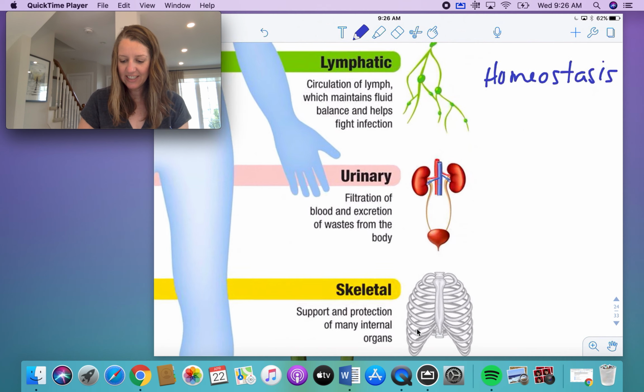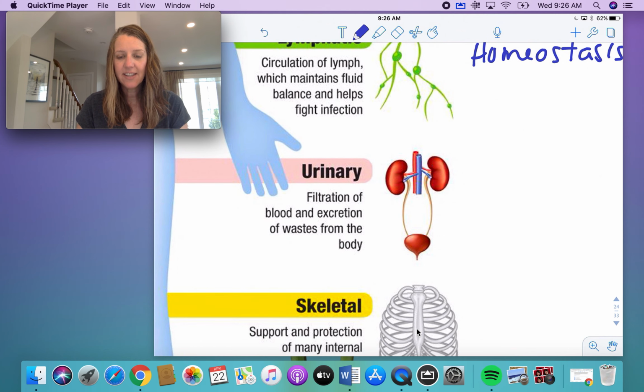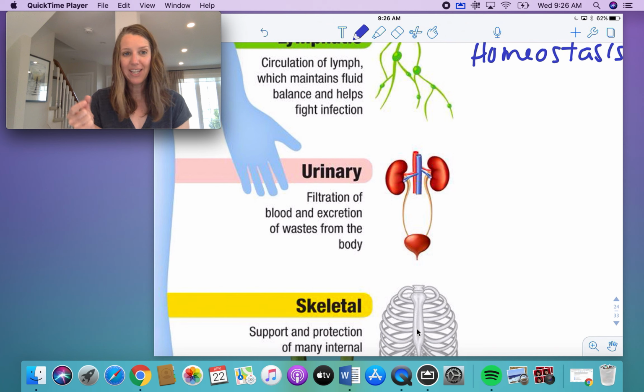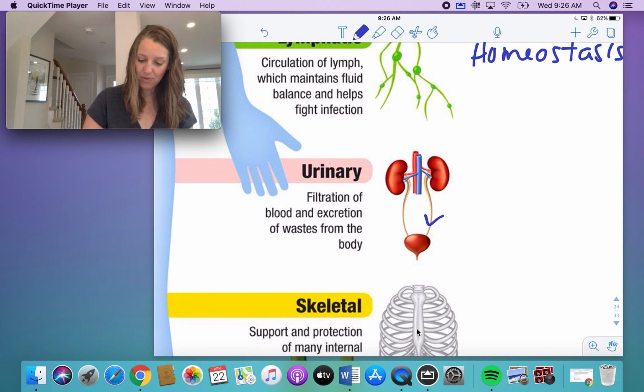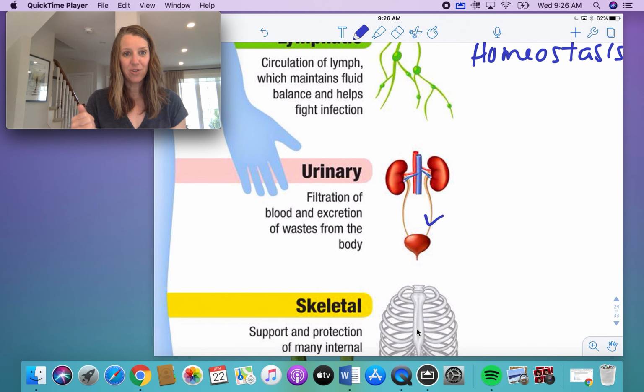Next one, the urinary system. Can you see there? Those are your kidneys and then your bladder, okay? Your kidneys filter the blood, and they have these really tiny specialized cells inside of those organs, and they're called nephrons, right? And what they do is they regulate the water. So if you drink lots of water during your day, your kidneys will then filter out more water, send it down to your bladder, and then you have to go to the bathroom, all right?